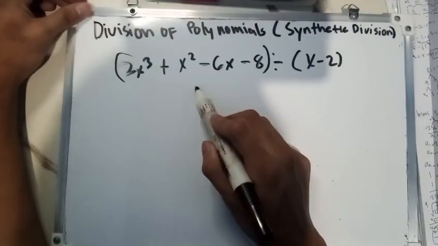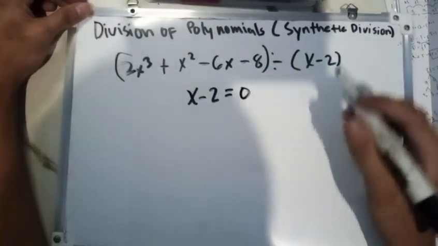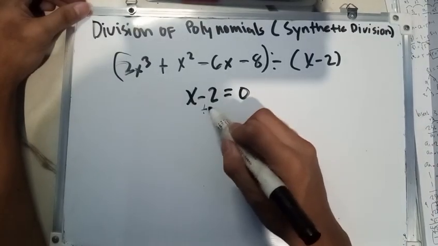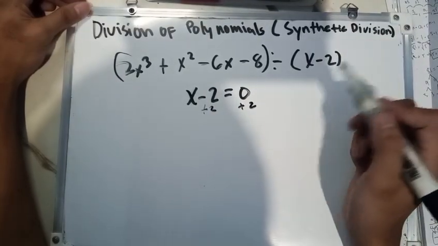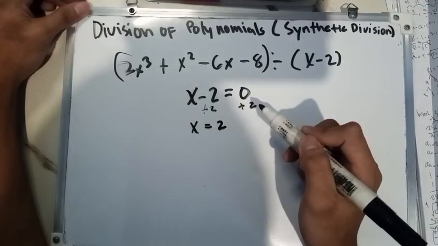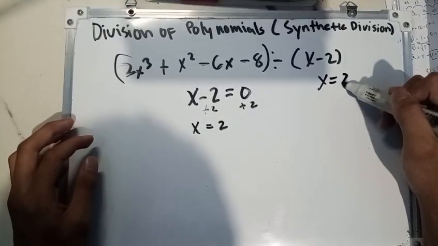First, we will equate our divisor to 0. We add 2 to both sides, there is a cancel of negative 2. Therefore, we get x equals 2.